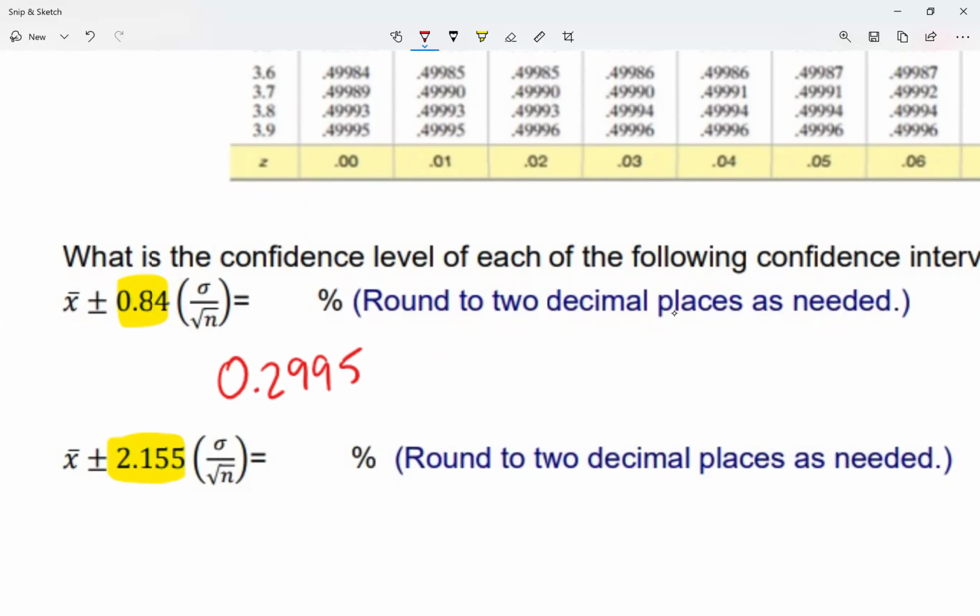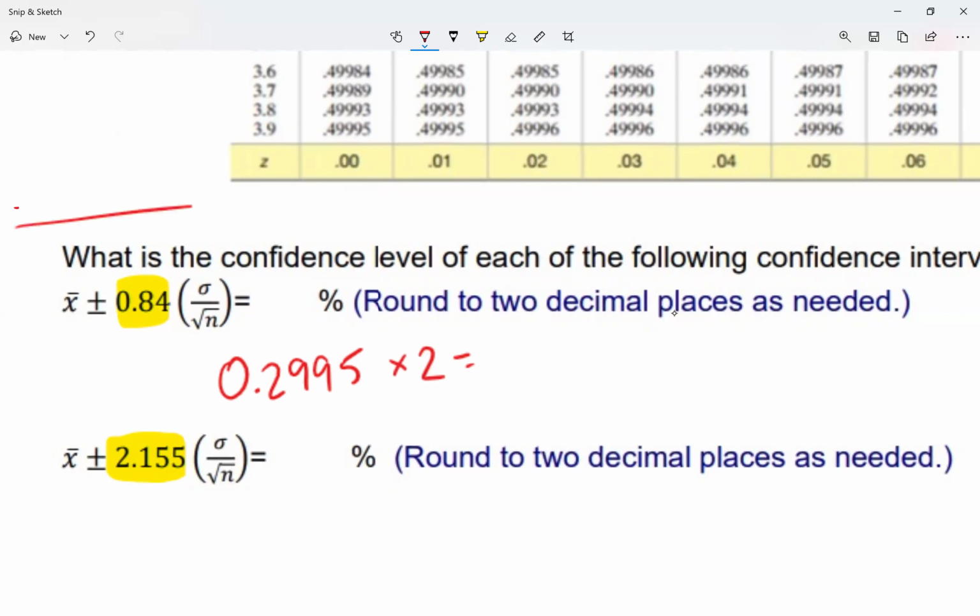But remember how the C-score table gives us only half of the probability? Let me multiply this by 2. Because remember, when we have a normal distribution, here's my average in the center, and my table only gives me this part.